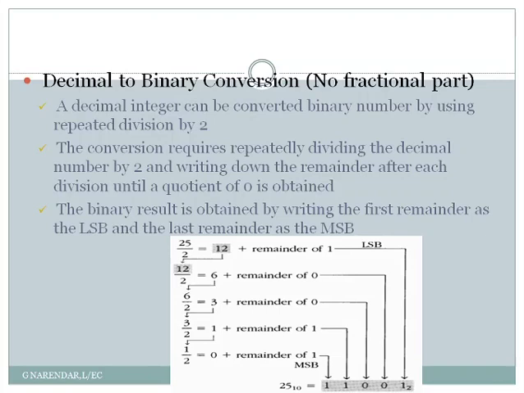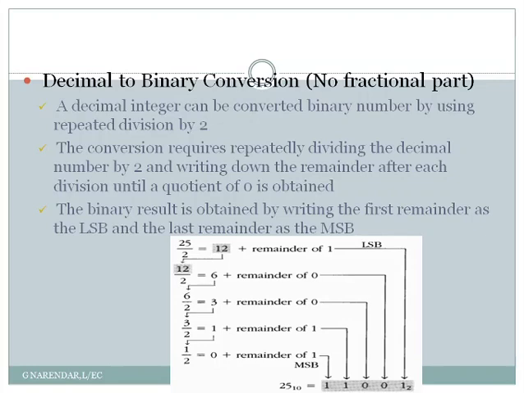After that, you collect all the remainders, which will be either ones or zeros. The first remainder becomes the LSB, and the last remainder becomes the MSB of the required binary number.